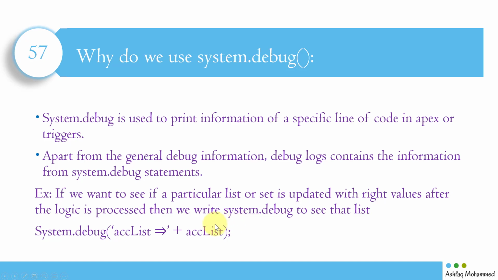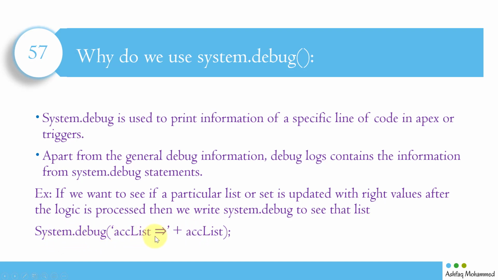It doesn't show the complete information, whatever we want. But sometimes I want to see that the problem is happening because of this list, ACC list. This is just an example. In the debug log, I want to see whether this list is getting filled after some logic is executed or not. How can I see that? I can see that using system.debug.